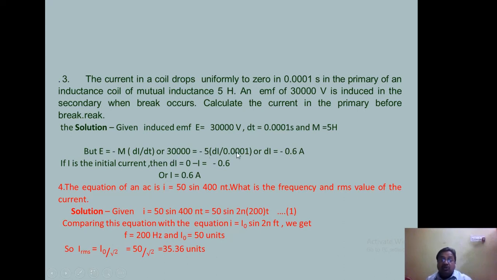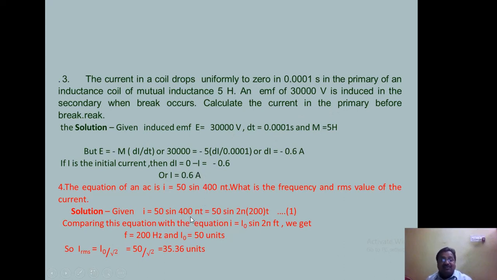Here dt is 0.0001, so this will give change in current as minus 0.6 ampere. But if I is the initial current, then change in current dI should be 0 minus I, which we have calculated as minus 0.6 ampere. So minus I equal to minus 0.6, so I equal to 0.6 ampere. So the current in the primary before break is 0.6 ampere.